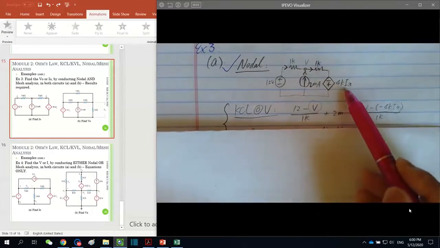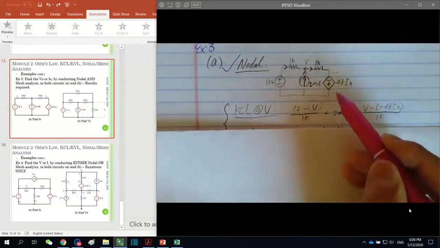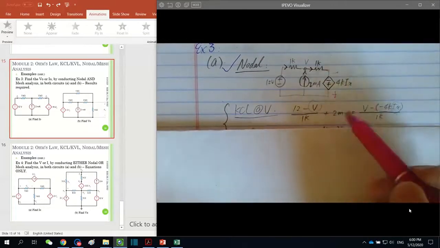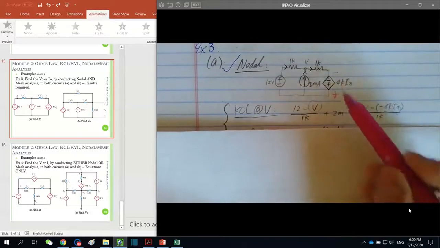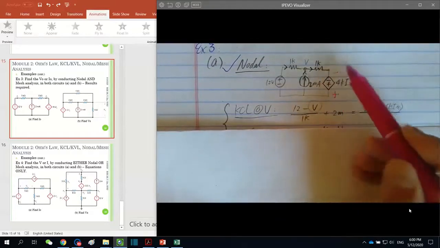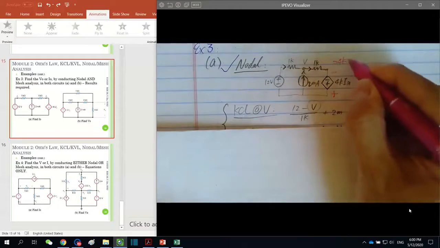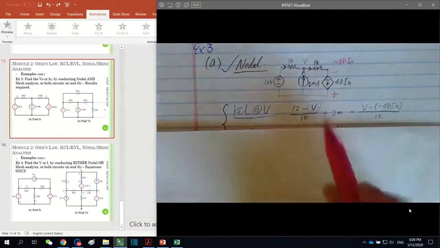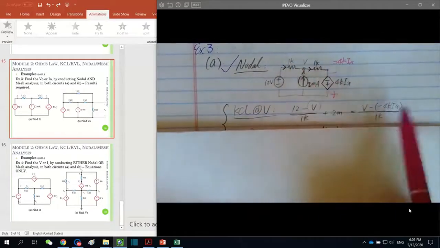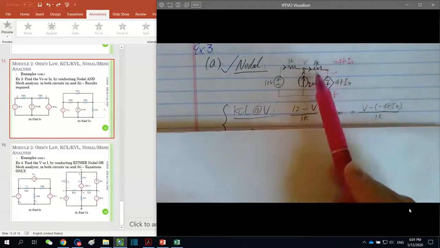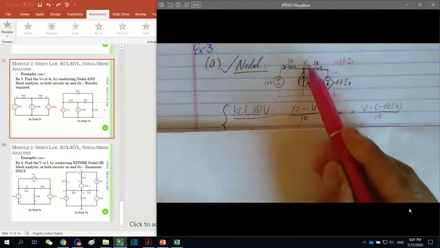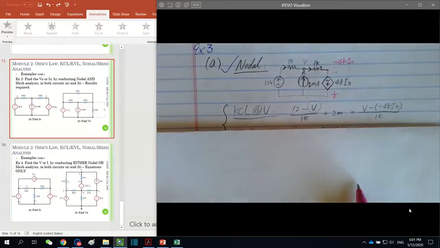Therefore, the labeled 4kIx is a voltage value across here and here with this polarity. Therefore, the voltage at this node is equal to negative 4kIx. So you're using V minus negative 4kIx divided by 1 kilo ohm equals the current here towards right. So this is the KCL you need for this node.